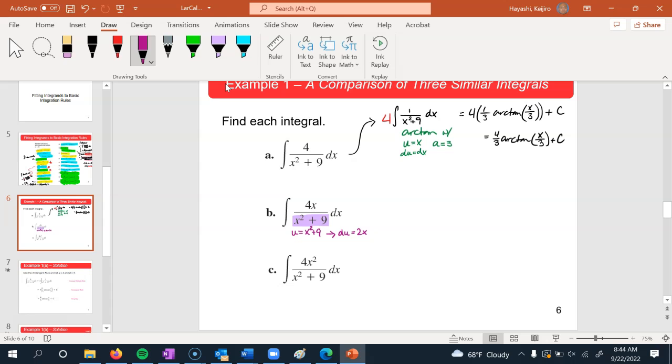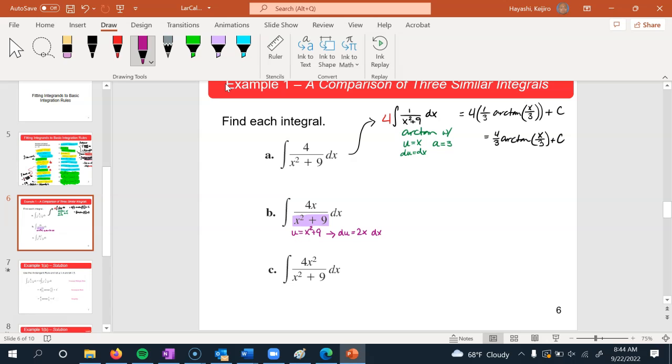Which this time, as opposed to last time, we do have an x on top, so we're able to probably do this. And sorry, du is 2x dx. That dx is important. So we have something very close to 2x dx on top. We have 4x dx.